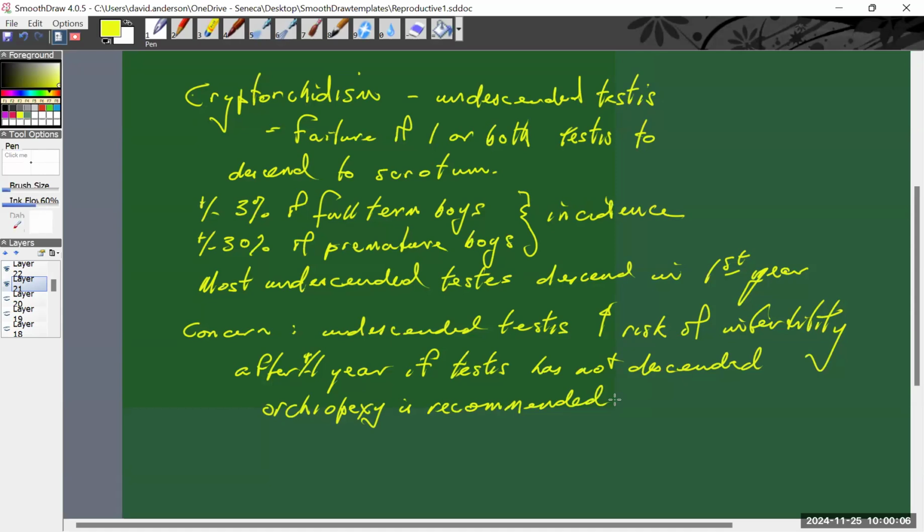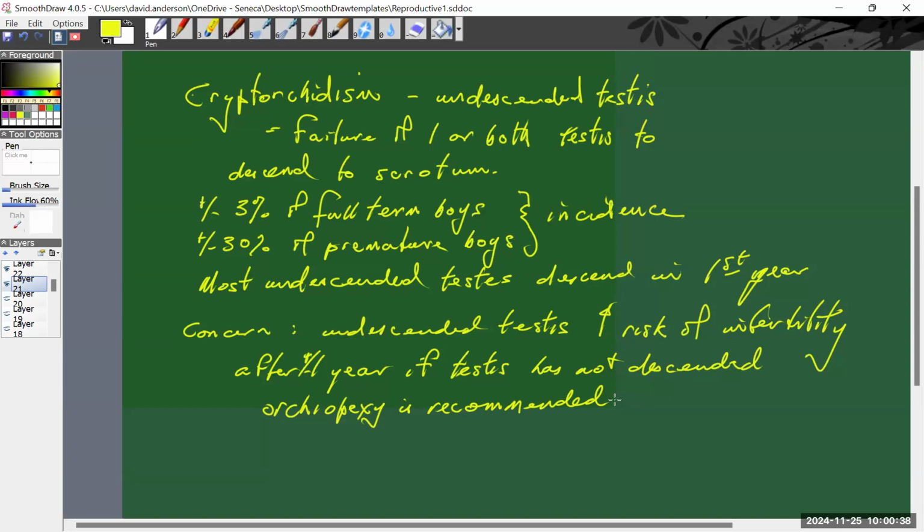So that's surgical descending of the testes. The surgeon will go in and will direct the testes into the scrotum. Basically, that's a fairly successful surgical procedure if it's done in that first year to 18 months, if it hasn't descended naturally. And that's in order to prevent the possibility of infertility with respect to that particular testes.